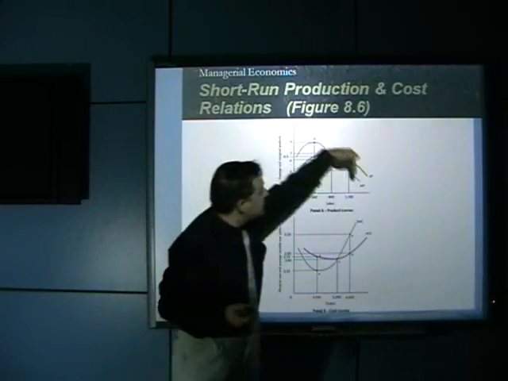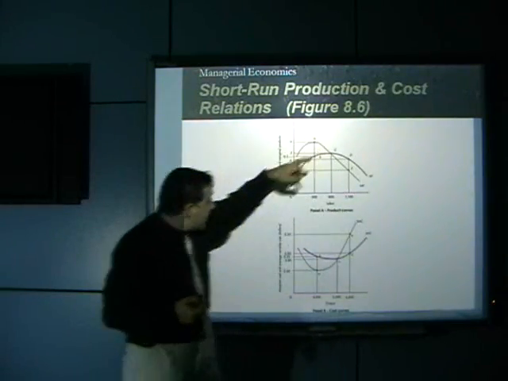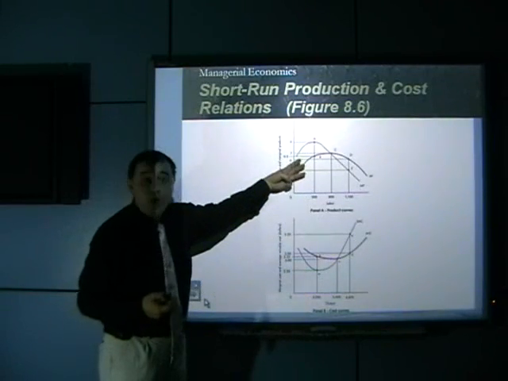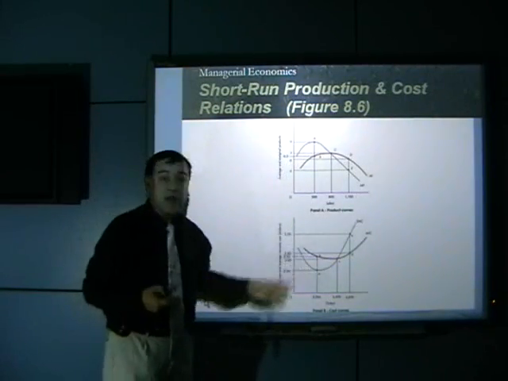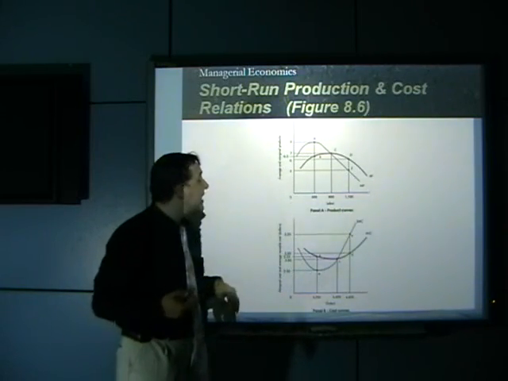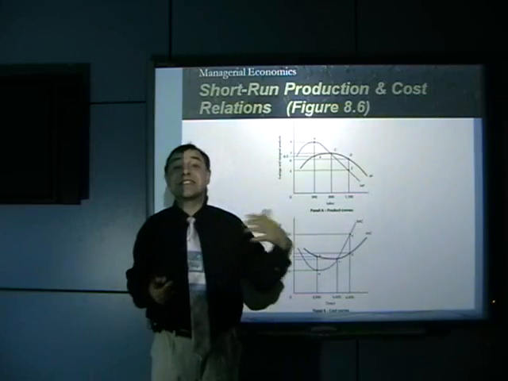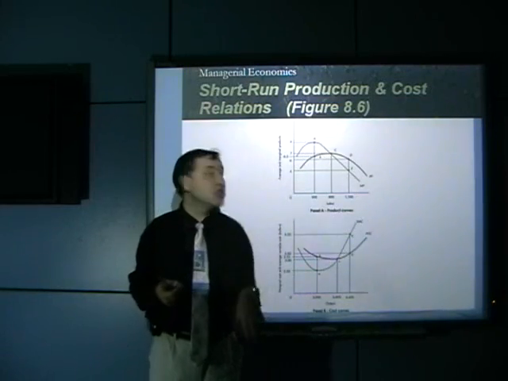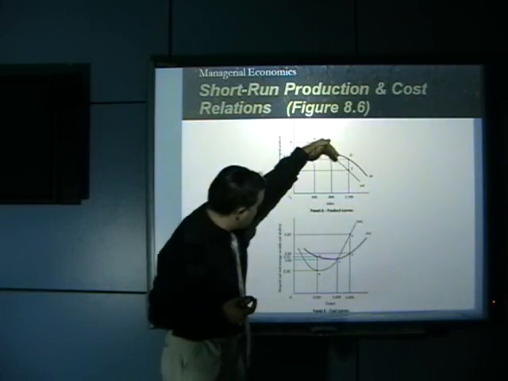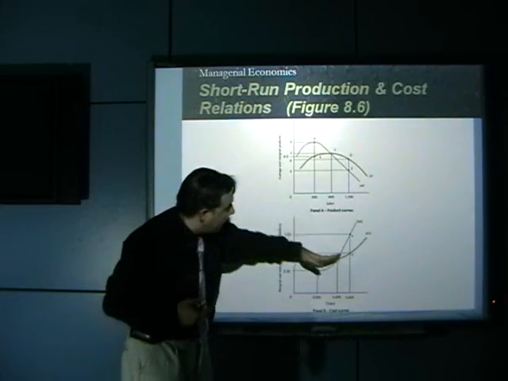So you have this natural pattern, and you see now the cost structure. This is the product structure, this is the cost structure. What you should notice is that these are somewhat mirror images of each other. When the average product increases, you see the average cost falls.